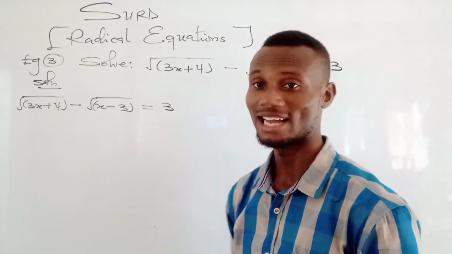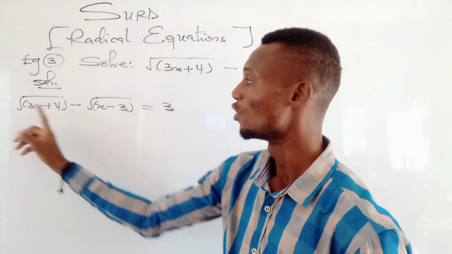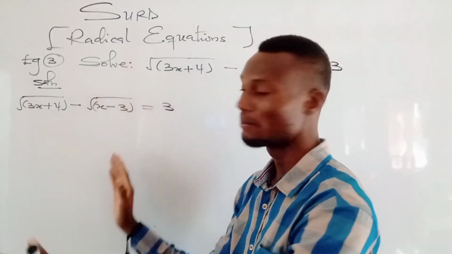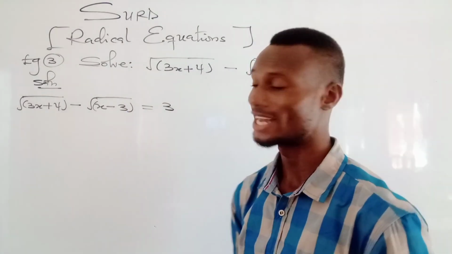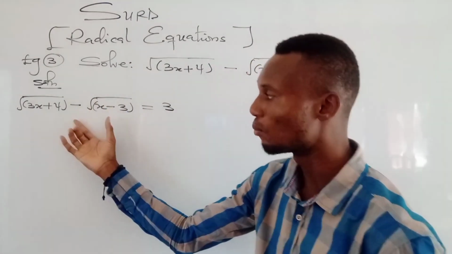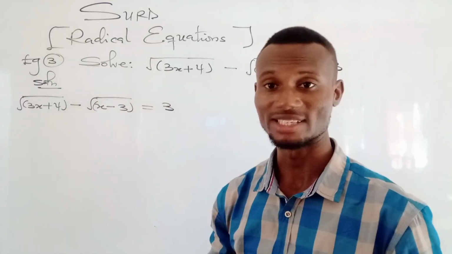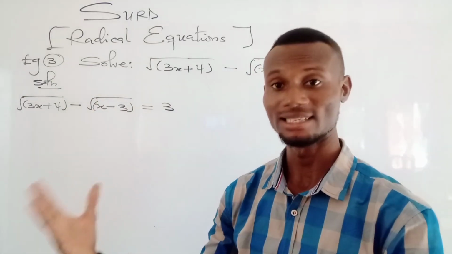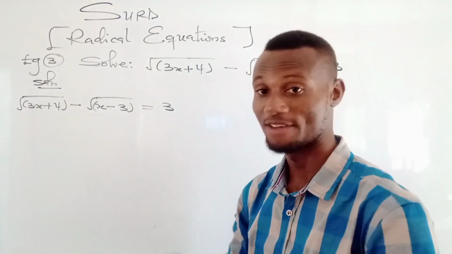Just that most students will find it difficult expanding these two terms when they are being squared together. That's why I prefer that I move this negative root s minus 3 to come and join the 3 here before we square both sides, and that should be much easier and simpler for us to expand and simplify further.